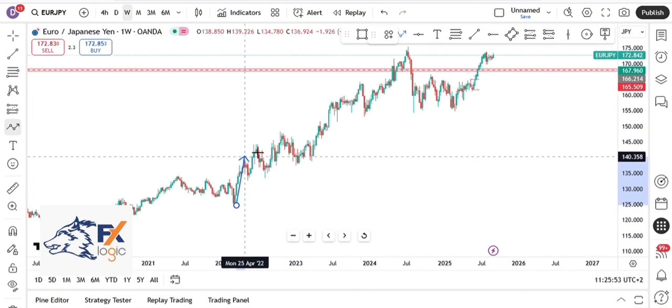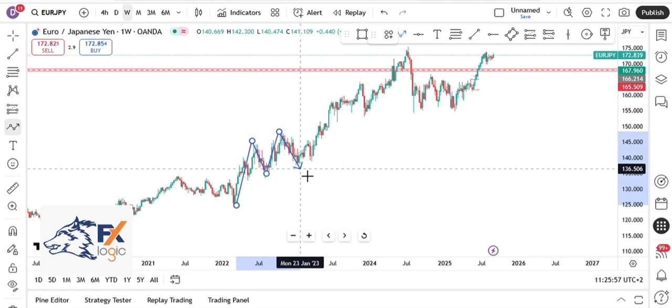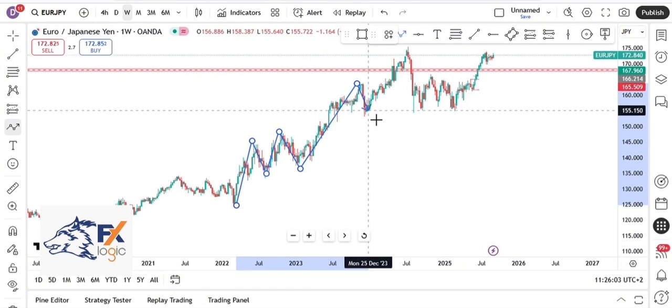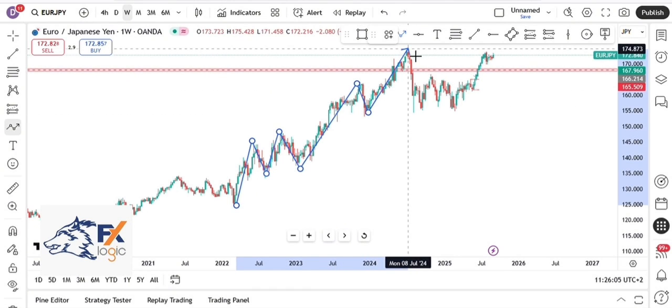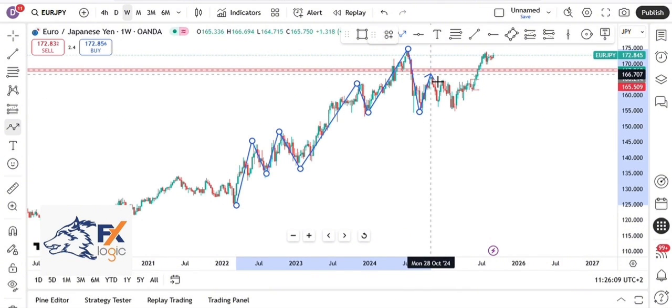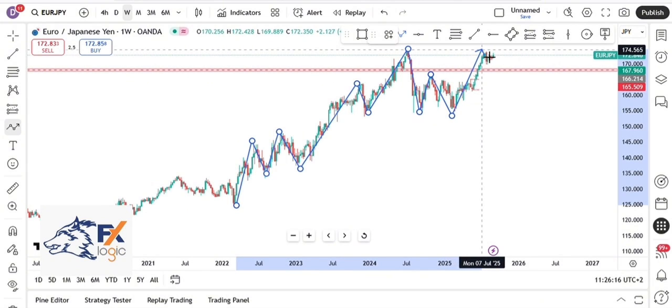We want to go higher high, higher low, higher high, higher low, looking at the most obvious peaks: higher high, higher low, lower high, higher low, and a high.